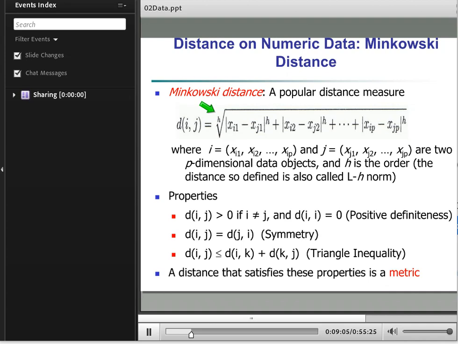In this formula, we can see a variable h, which is unknown. We should talk about this.